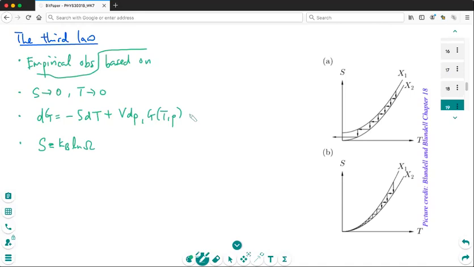Okay, statistically, you have this statistical entropy. And how do you get zero? Here you don't have much freedom to get zero. The only way you can get zero is when you have omega equals 1.